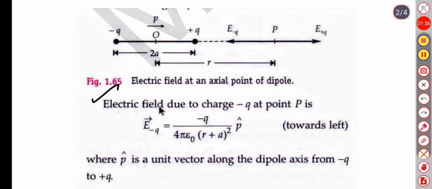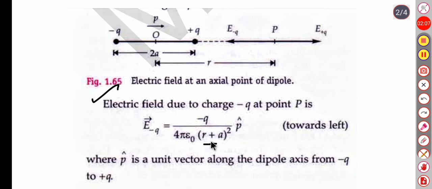Now the electric field due to charge minus q at point P is, we know from Coulomb's law, the electric field expression is 1 by 4 pi epsilon naught into charge by the distance square. So in this case, for the negative charge minus q, it will be E of minus q, and the charge is minus q divided by 4 pi epsilon naught and the distance square.